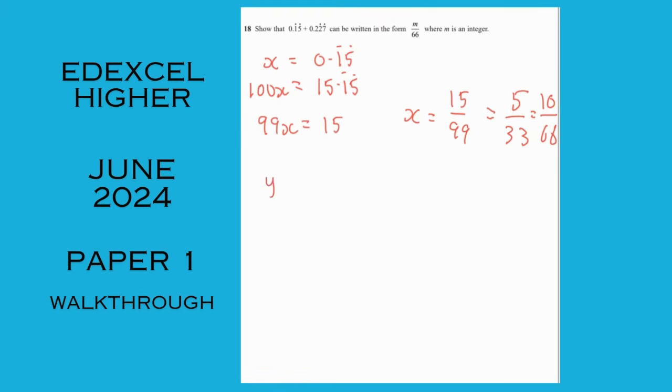The trickier one is the 0.227 recurring. So when you multiply it by 10, they all bump up 1. So you get 27 recurring.